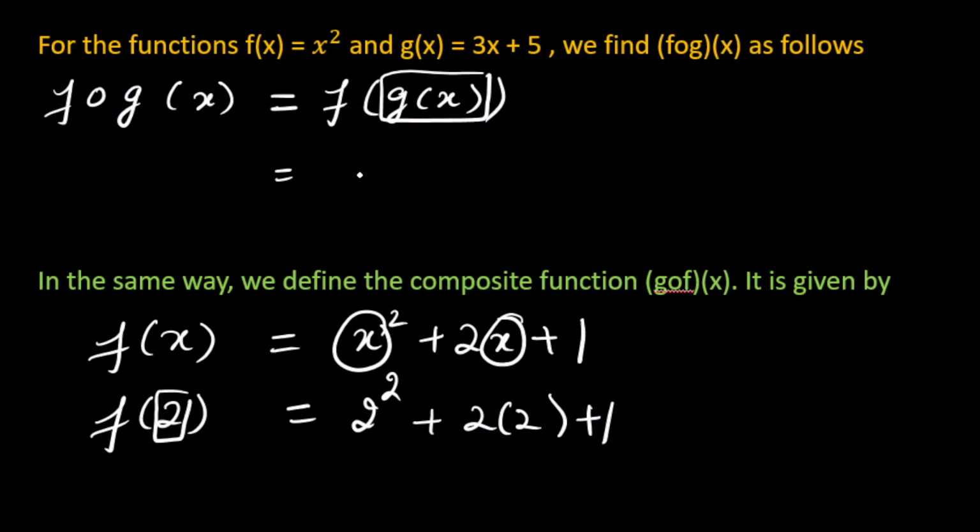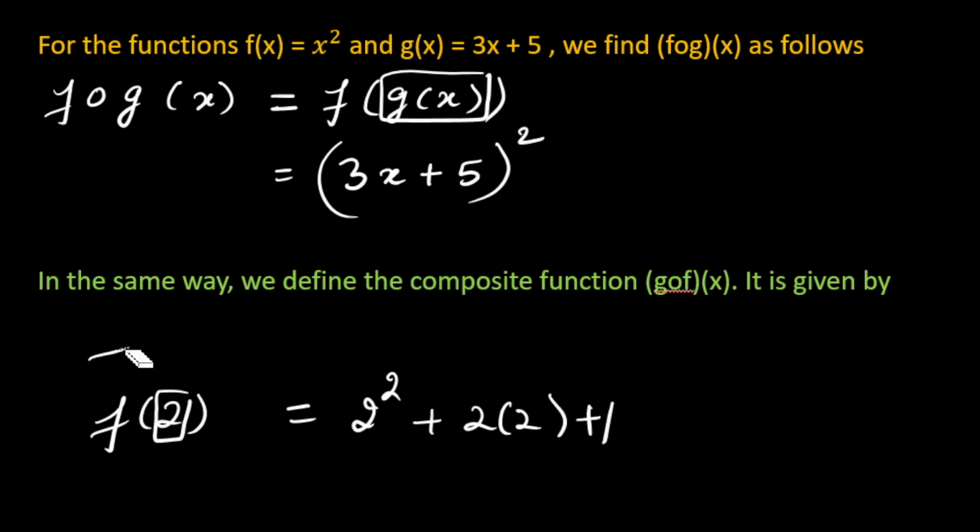The f function is x square, but at place of this x, I have to plug g into f. So here g's value I have to write. What is the value of g? 3x plus 5. So here I have to write (3x plus 5) whole square. I'll just rewrite it: (3x plus 5) whole square.